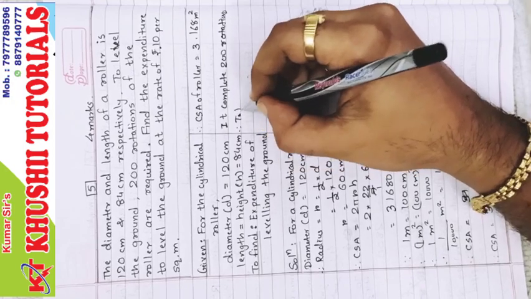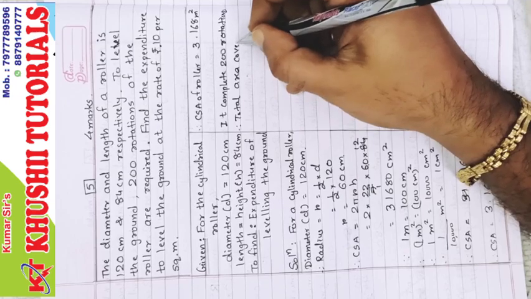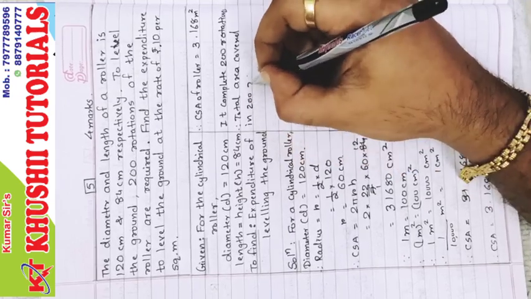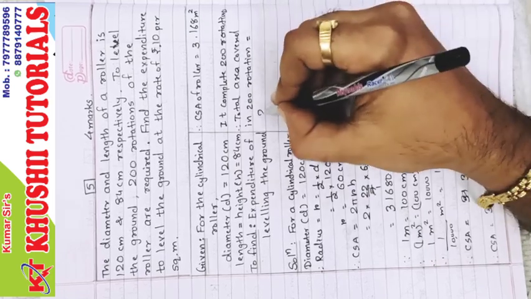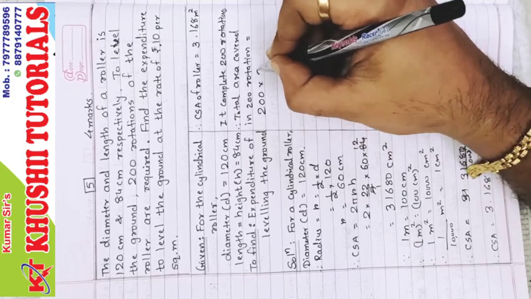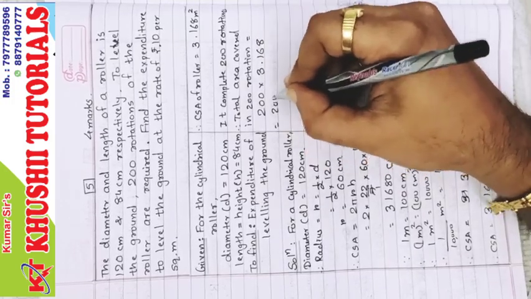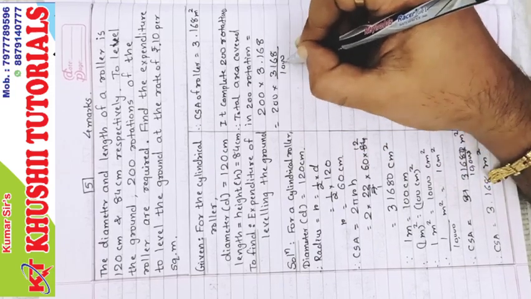Therefore total area covered in 200 rotations equals 200 into 3.168. 200 into 3168 upon 1000.